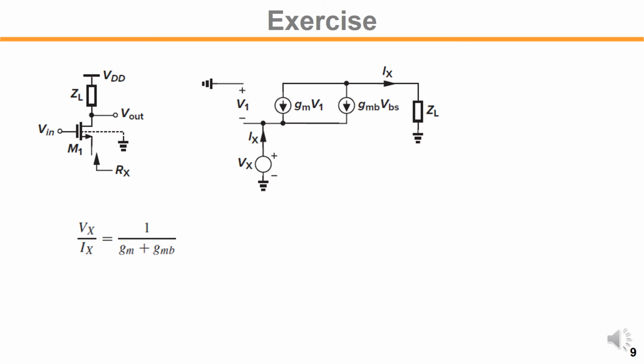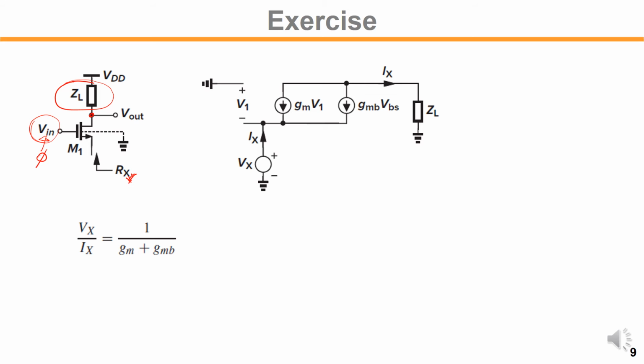We can also find the equivalent impedance looking into the source when a finite load impedance GL is attached to the drain side. So let's find out the Rx. This is very important and interesting because you will see why. When you want to find the equivalent resistance, any input voltage shown here we assume is AC ground, 0.